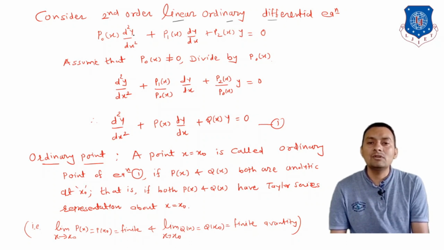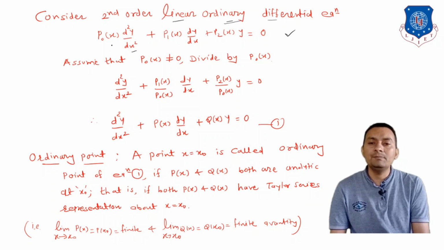You can see that d square y by dx square has degree 1, dy by dx has degree 1, and y also has degree 1, and they are not multiplied together, and therefore this differential equation is linear. But we are talking about second order, and that is why we have assumed d square y by dx square is there.